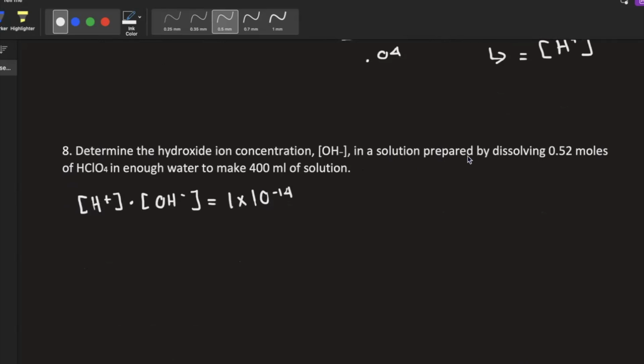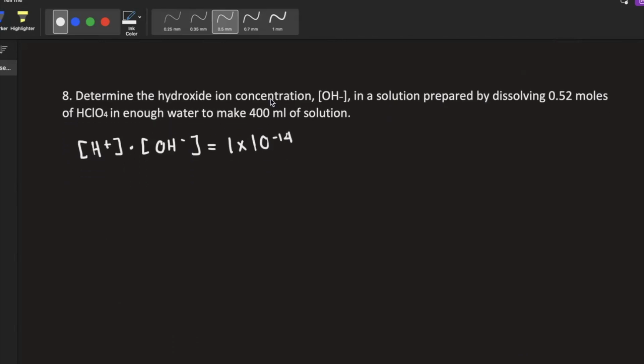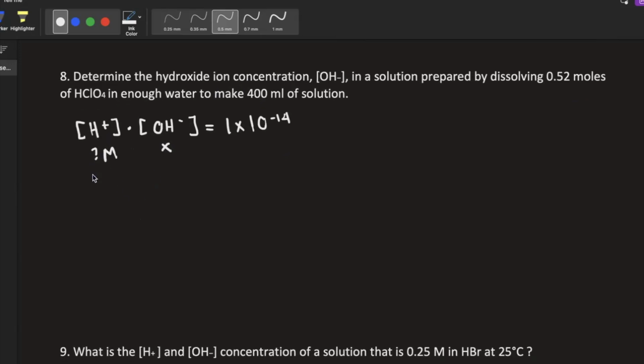Now, in a solution prepared by dissolving 0.52 moles of HClO4 in enough water to make 400 milliliters of solution, we know this is what we're trying to find: the molarity. To find the molarity, we're going to divide 0.52 moles by 0.4 liters.